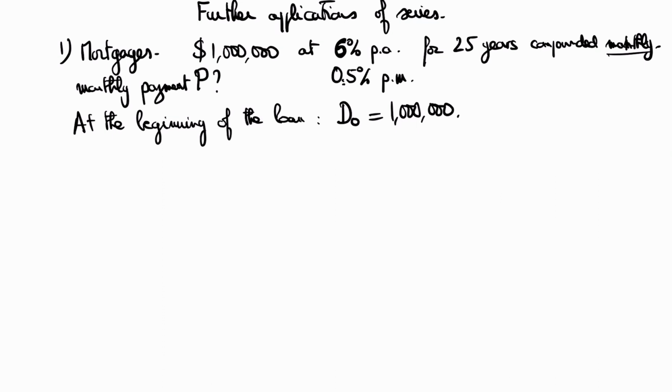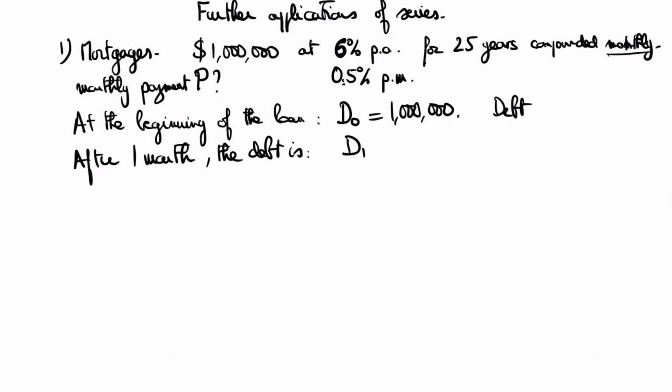Now, after 1 month, the debt is, okay, so it's D1, and D1 is what?